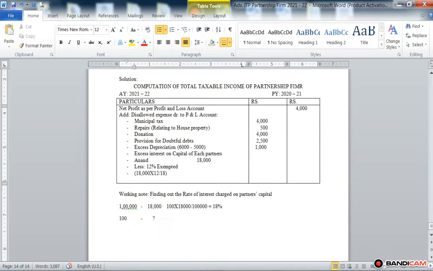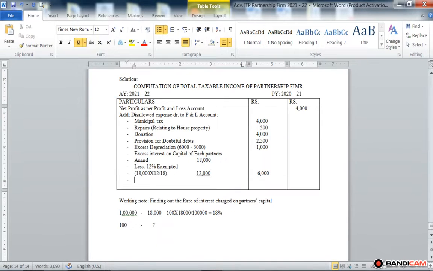So here the exempted amount is found out. The exempted interest on capital is rupees 12,000, and the balancing figure is taxable, that is 6,000. 6,000 is taxable.